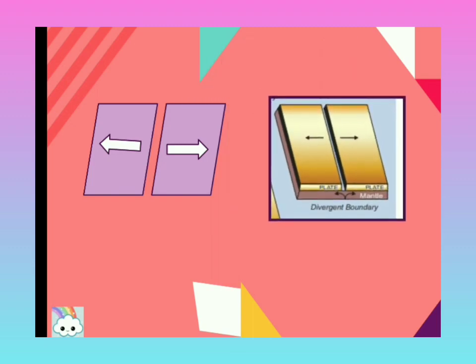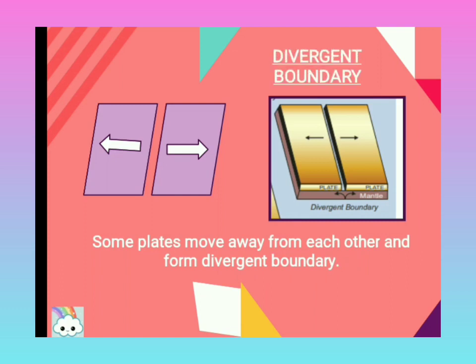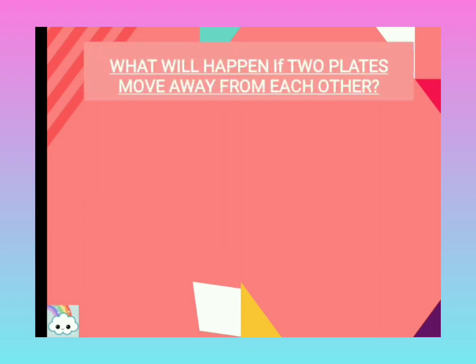So let us learn about another plate boundary. Here you can see one plate. Now there is another plate and you can see these two plates are moving in different directions. They are moving away from each other. And because of that, which boundary will be formed? Divergent plate boundary. Why? Because they are diverging. Now think, what else can happen?